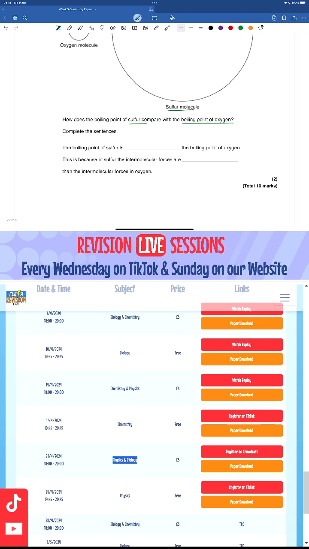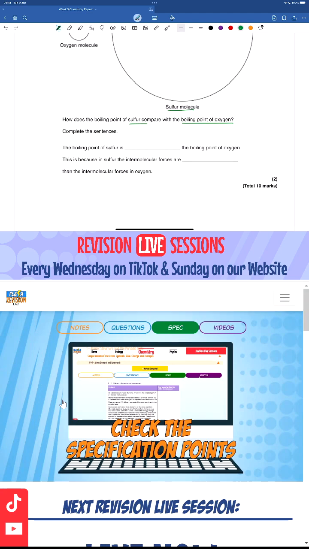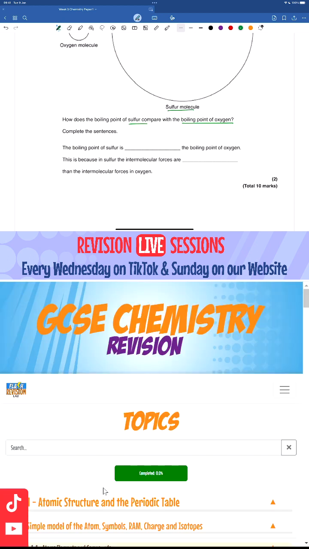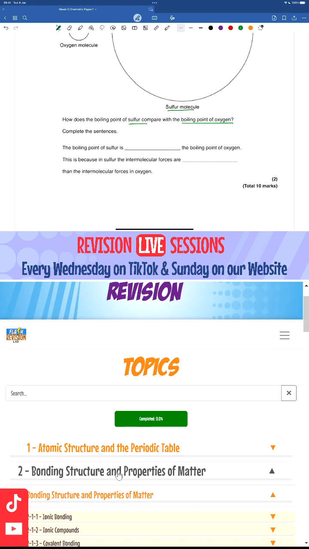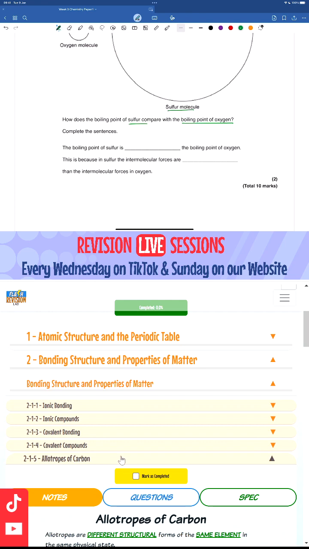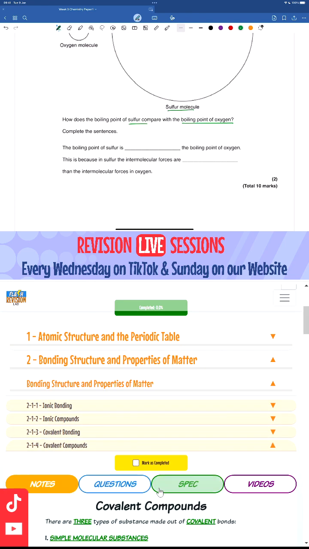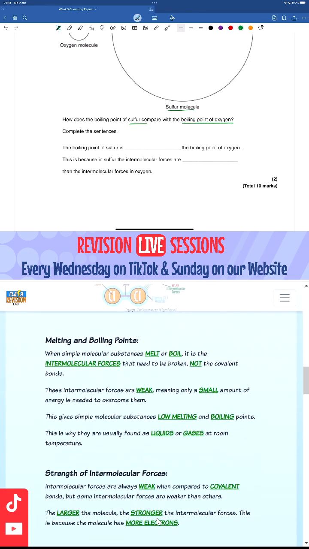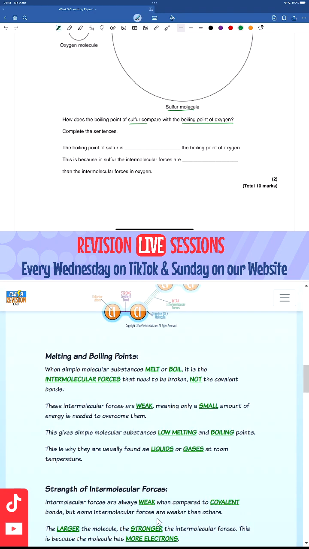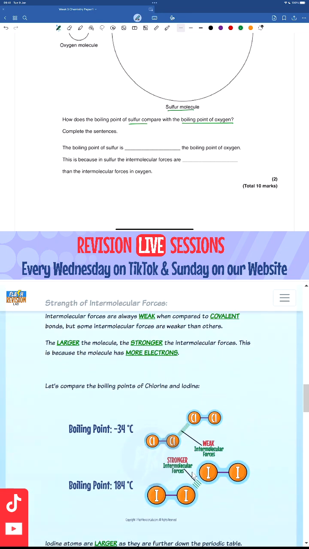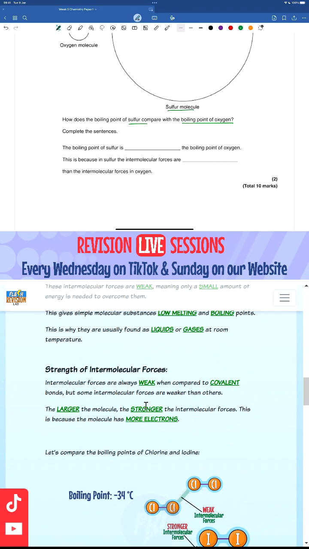The answer is, why don't you guys tell me what you think the answer is? Let me get this up on the notes so I can explain. It comes under bonding, under covalent compounds. Here we go. It's all to do with intermolecular forces.